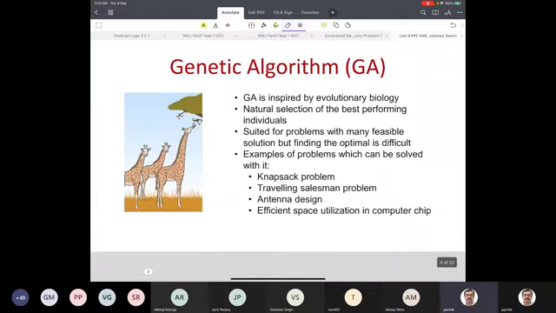So the genetic algorithm is the other one which we shall quickly discuss, which is inspired from evolutionary biology. And here it is based on natural selection and the best performing individuals.